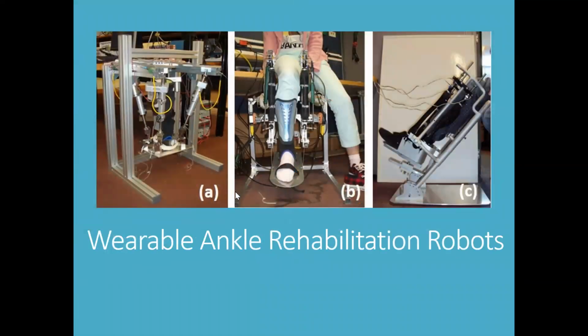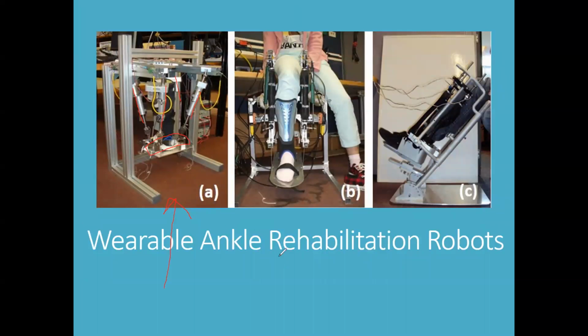Another instance of a robot for the ankle joint was, again, I had many designs before. So this is my first design where you have a platform where the person can place his foot. And these are the 4 actuators that would make it move all around, because the ankle joint has 3 rotational degrees of motion.